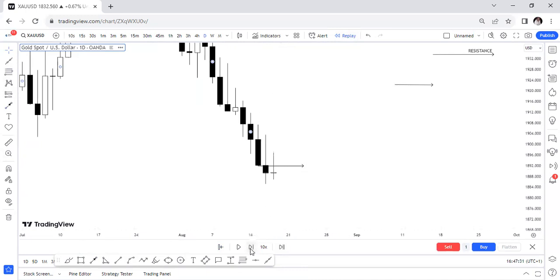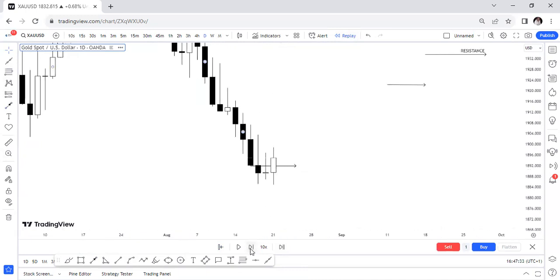Another one, you see a close above it, you don't sell anymore, because this indicates what? Price has returned into buying. You don't sell anymore. And if you watch carefully here, this is what?